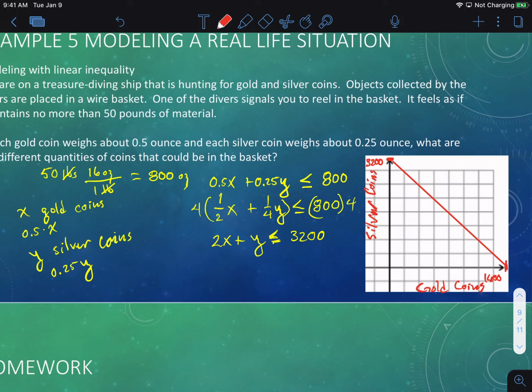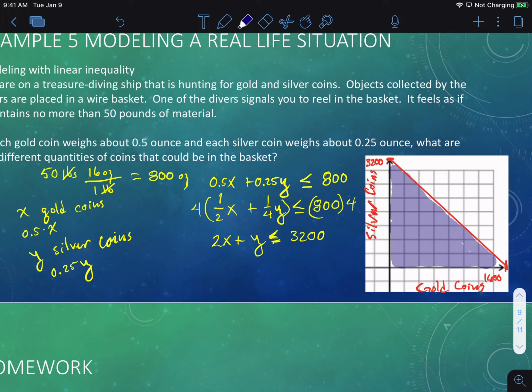The shading is going to look like this, and I'll go ahead and draw it in. It's everything greater than 0, right? We cannot go below the x-axis, and we can't go to the left of the y-axis because we're not paying any silver coins or gold coins to the ocean. And so there we are.